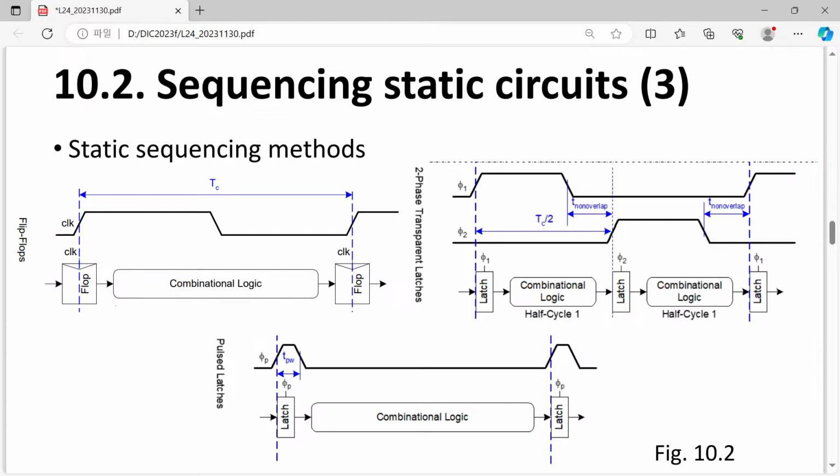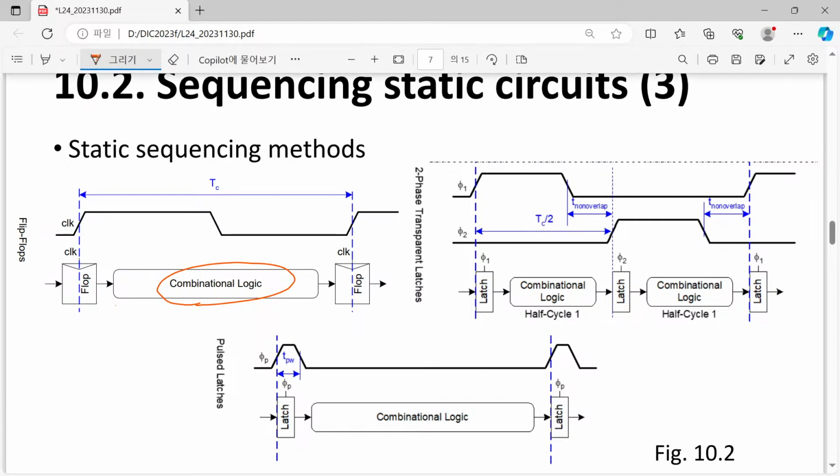Here we have a combinational logic, but this is not the only logic we have inside a complicated system. We can have different calculations and different logical operations, and they should be synchronized. Otherwise, there will be a certain conflict between this signal and that signal.